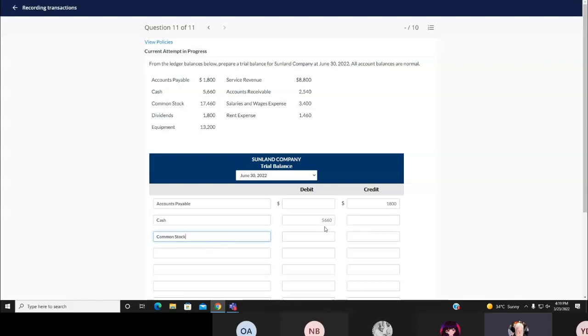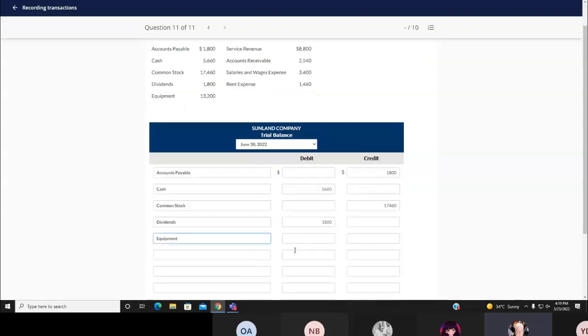Debit or credit? Credit, yeah. Dividends. Dividends only have a debit balance. Okay, equipment. It's an asset account, so therefore debit balance.